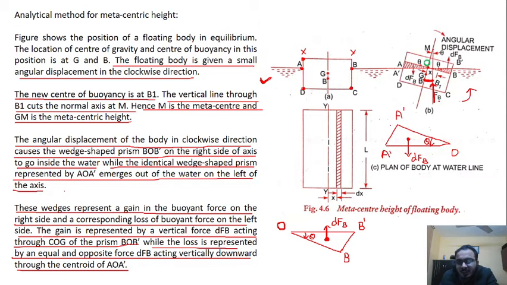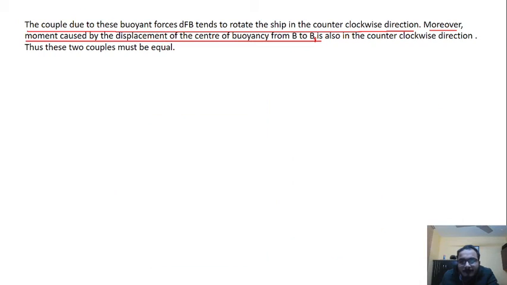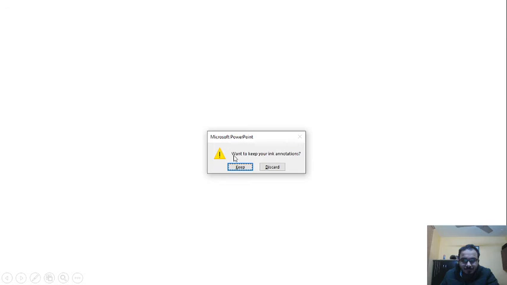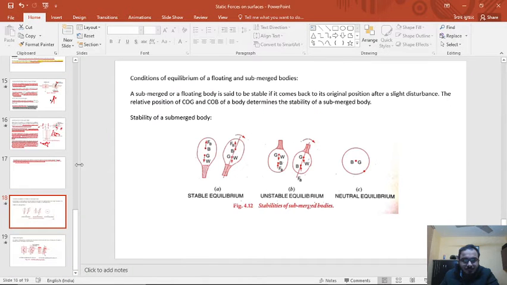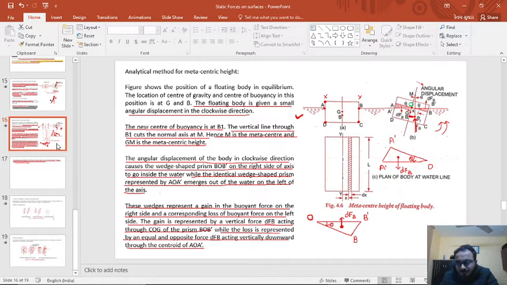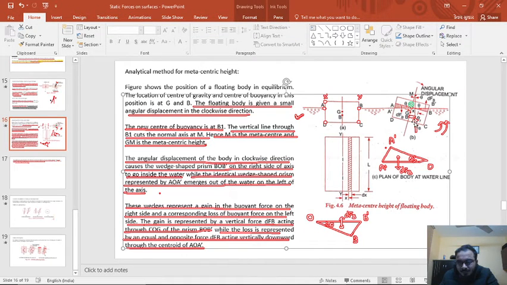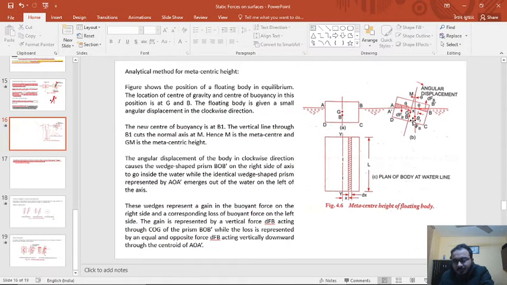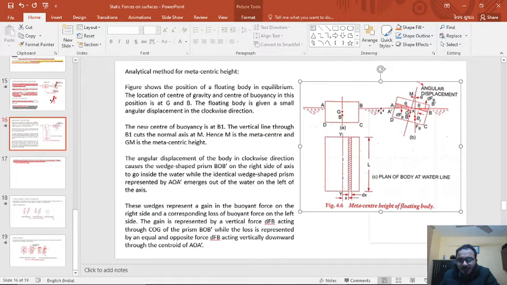This FB will be acting also in counterclockwise direction, that is over here. So these two couples must be equal. So let's derive this. First we will copy this.